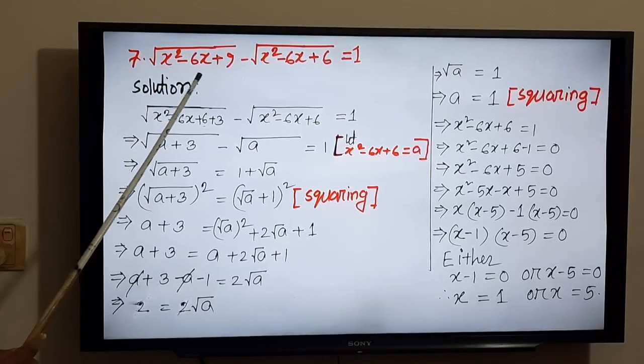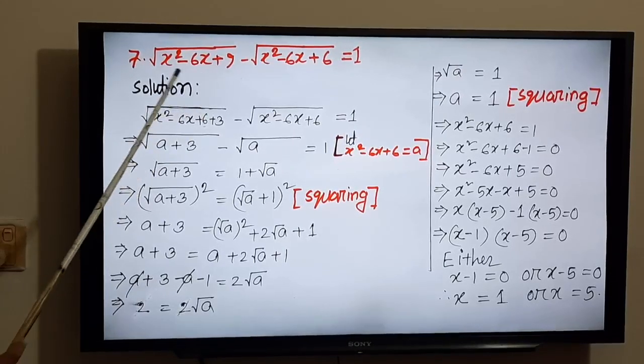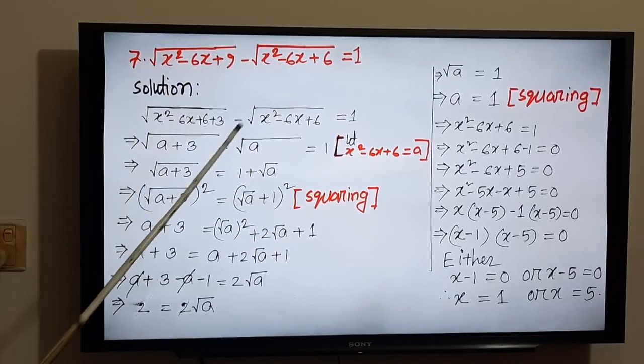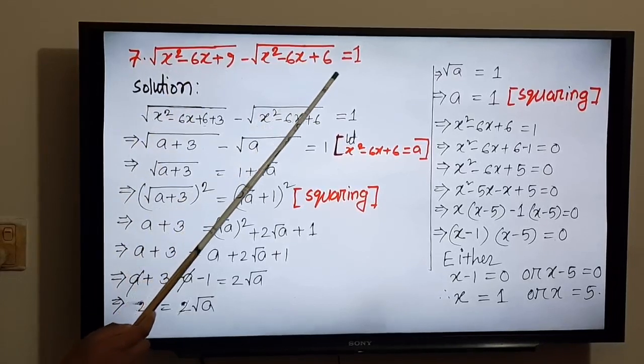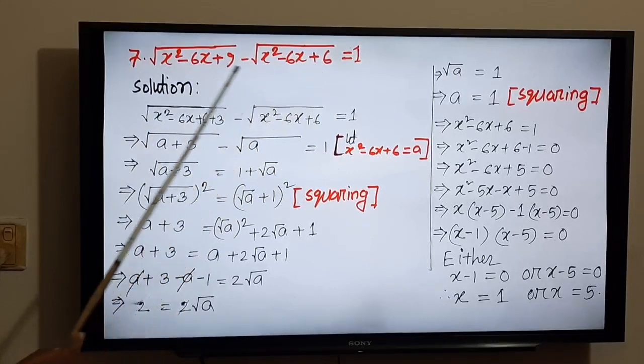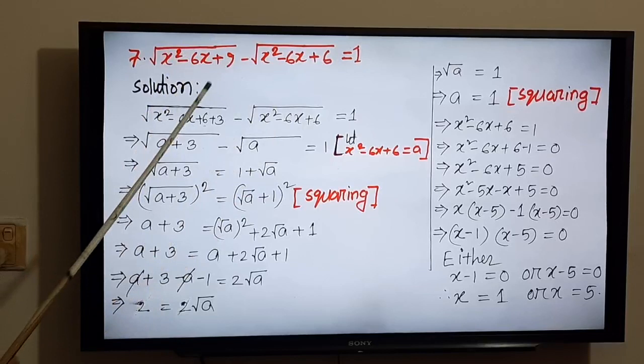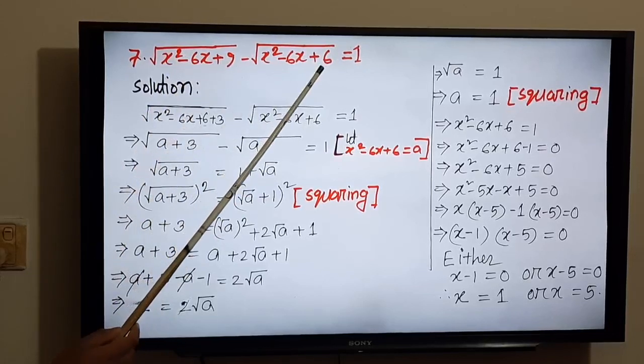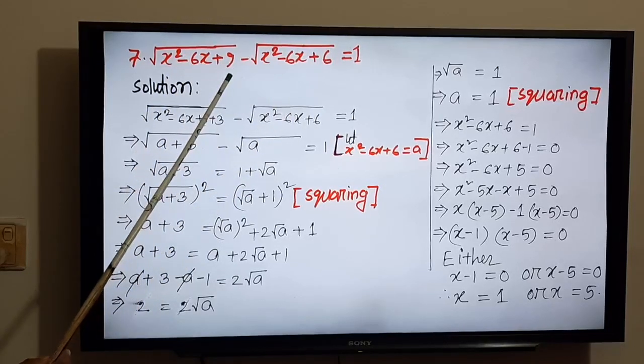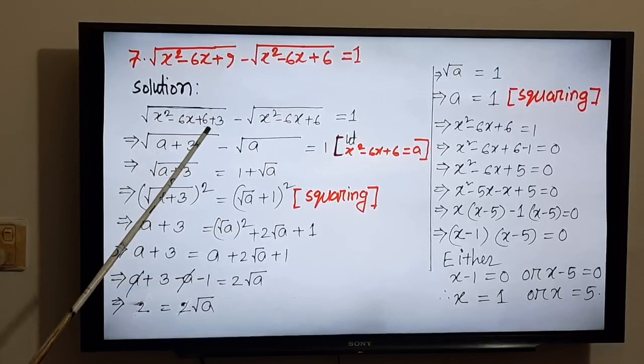x square minus 9x plus x square minus 6x plus 9, and this term is also equal to 1. This is the original radical equation. So plus 9 and plus 6, we can reorder this term.